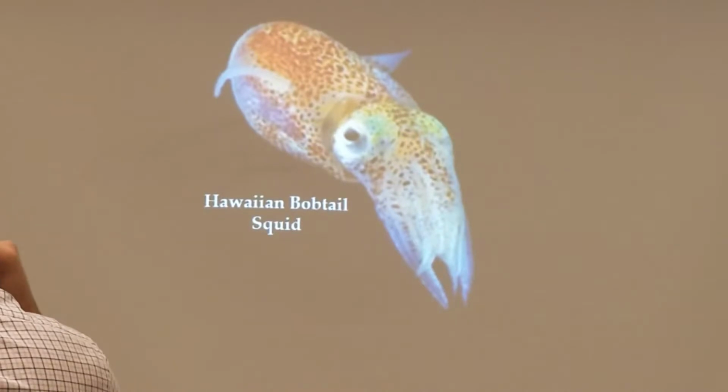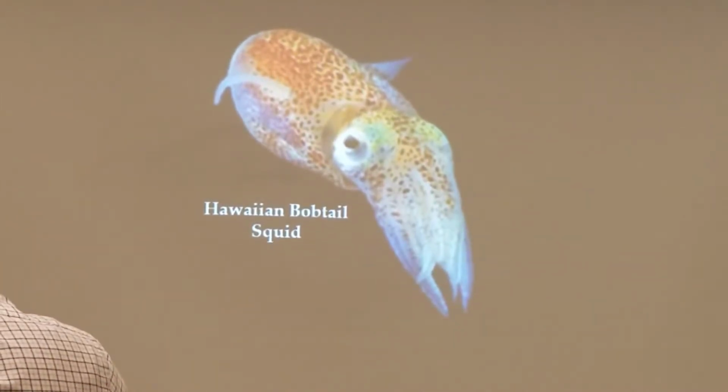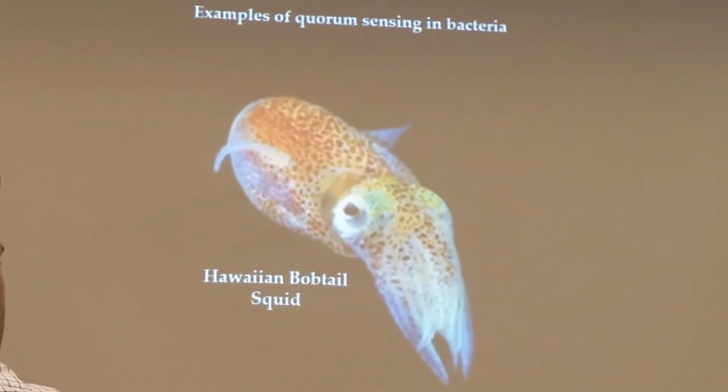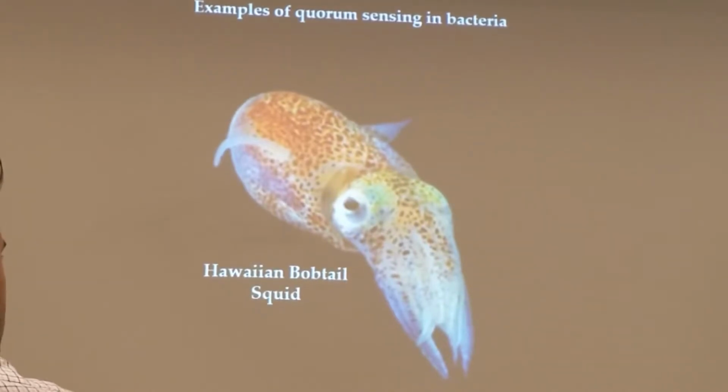So the reason why these guys can light up is because they have an organ that lights up. And the reason why that organ can light up is because it contains a bunch of bacteria that individually can light up. It turns out that those bacteria only spend the energy to light up if there's a lot of other bacteria in their environment that can also light up. If you're just a single bacterial cell and you spend all this energy to light up, that's still not enough light to let the squid hunt and get food.